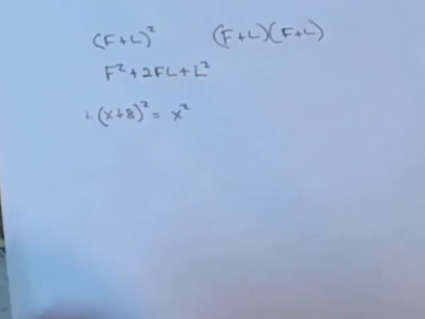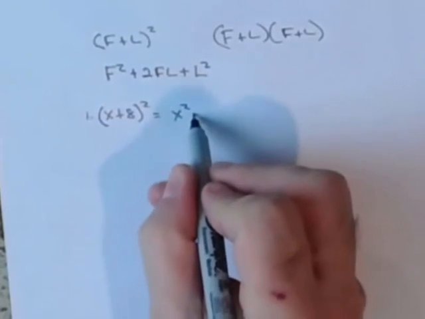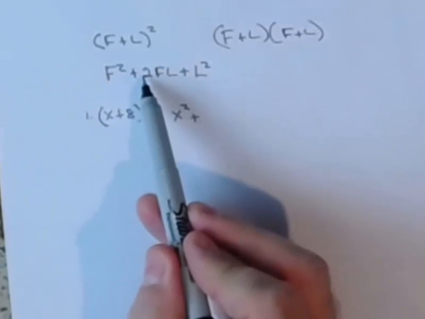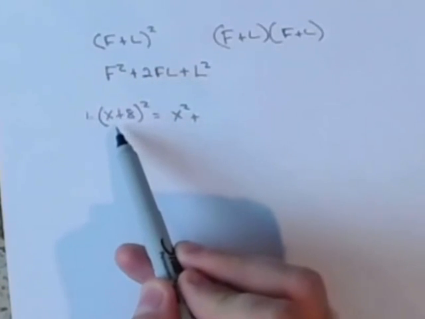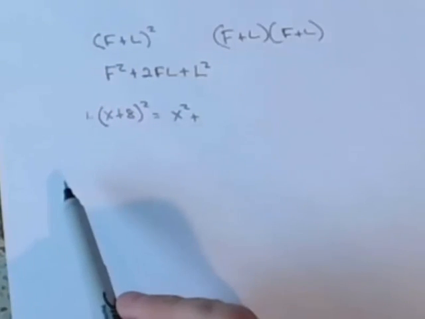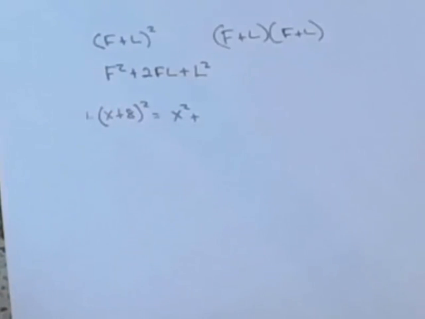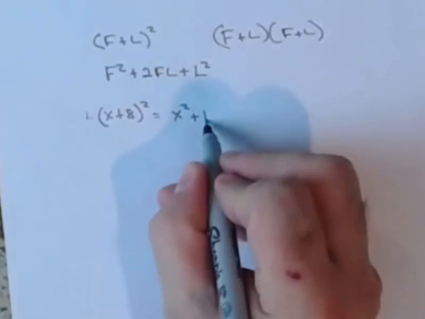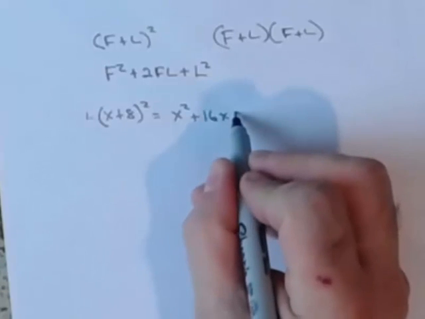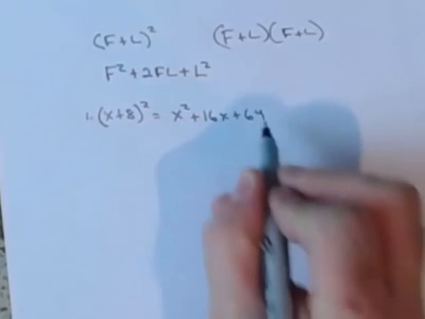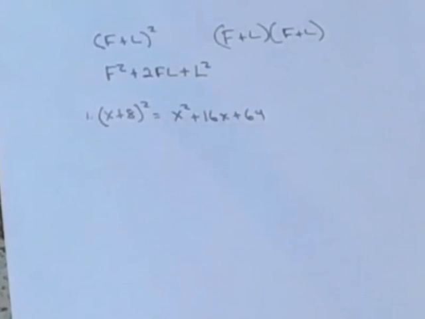So first squared is x squared plus 2 times x times 8, which is the same as 2 times 8 times x. 2 times 8 is 16, times x gives us 16x. And the last term, 8 squared, 8 times 8 is 64. So the answer is x squared plus 16x plus 64.